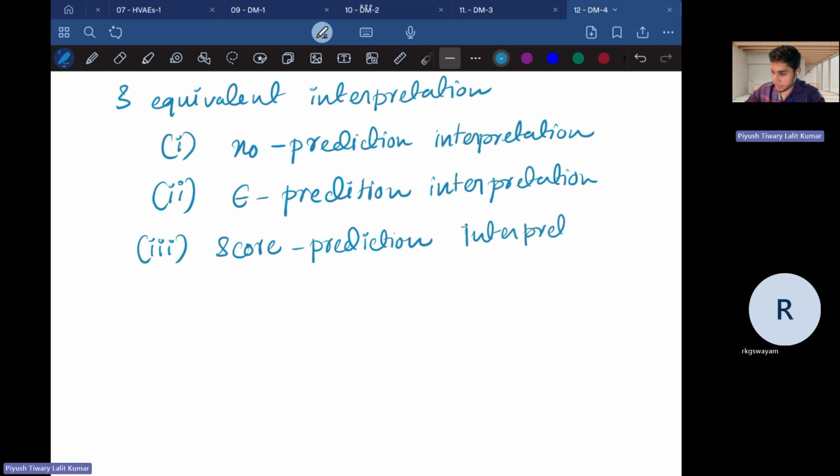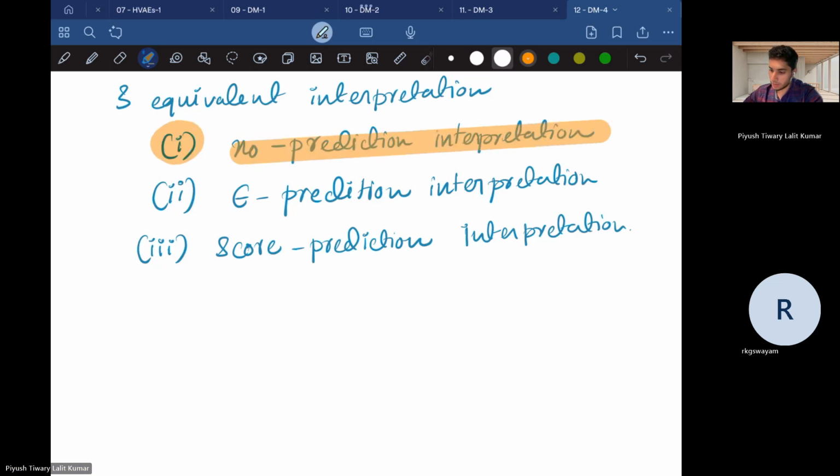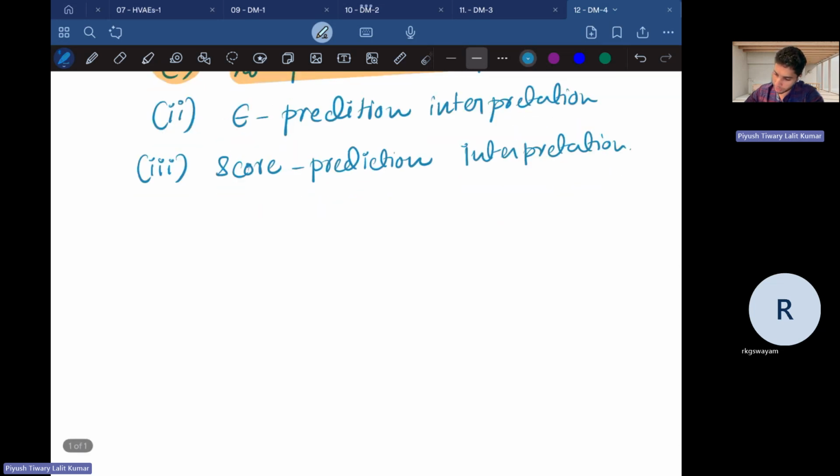So this part we have already seen. Till now we have been working with that itself, right? Let us look at the second and third one. So let us look at the second one, epsilon prediction.